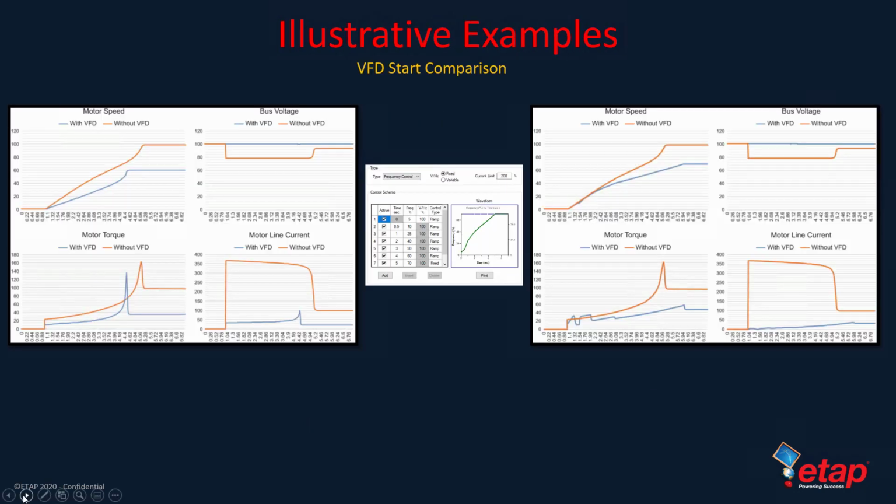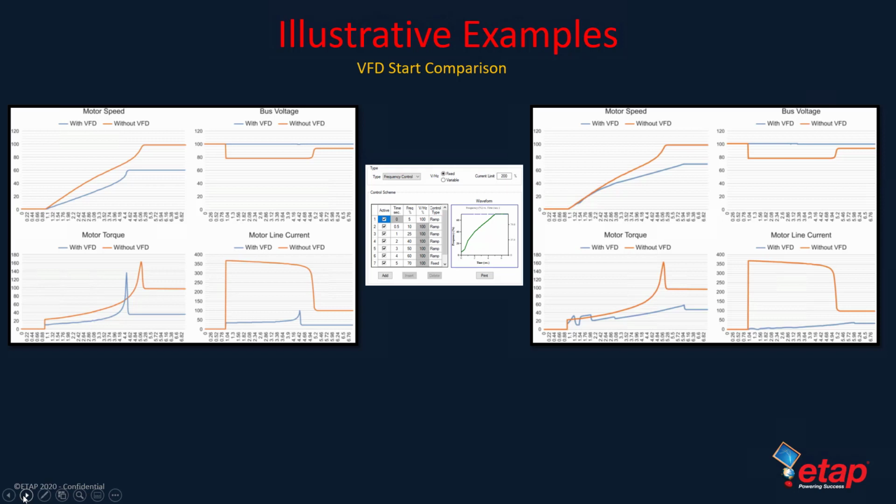Now moving on to illustrating an example with and without starter, in this case a VFD drive. The plot view allows the user to quickly display various characteristics such as motor speed, bus voltage, and motor current, with and without starters, by running these scenarios and plotting them on the same graph.